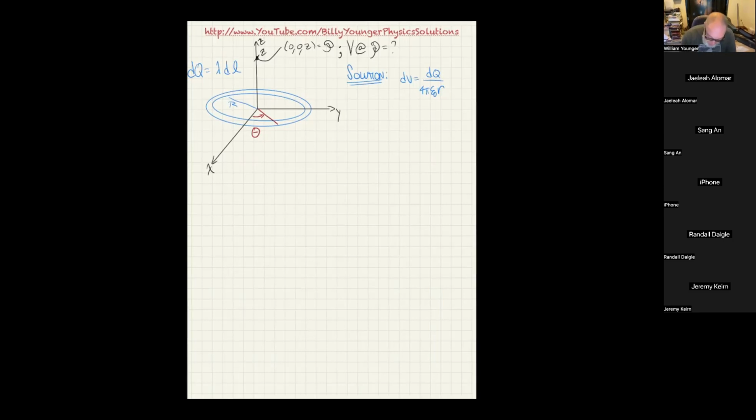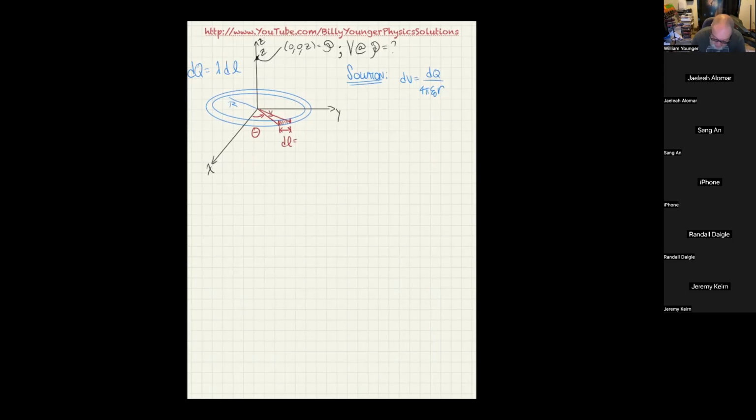The beginning of that differential line element, whose length is going to be dl, which I'm going to work out in a second. The way I define it is that dl starts at angle theta and then ends at angle theta plus d theta.